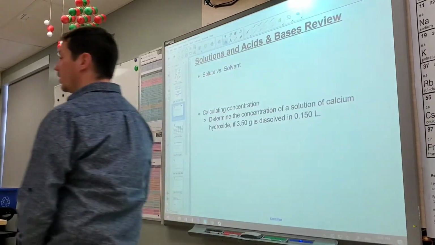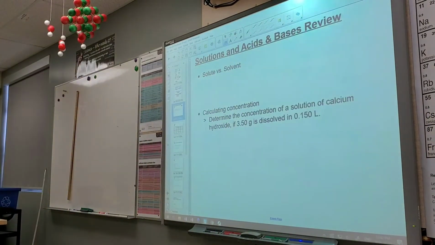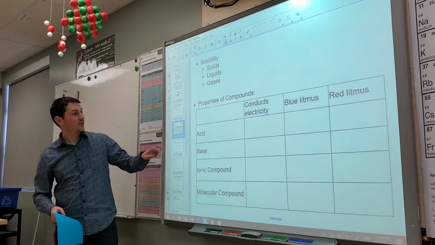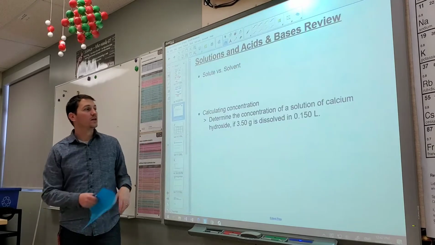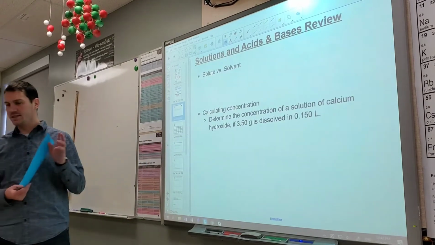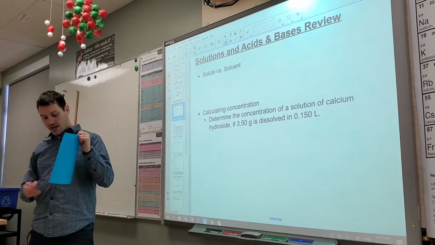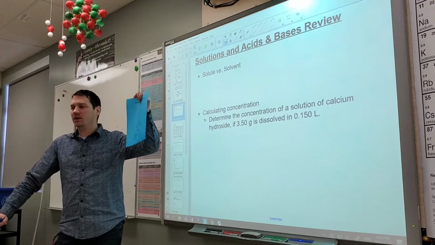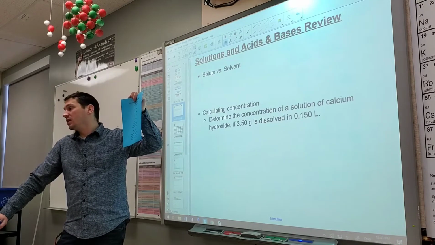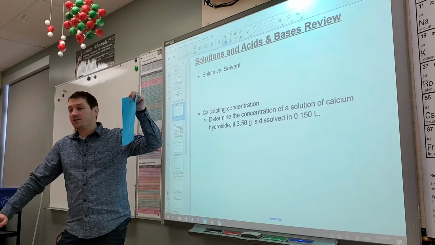On your blue sheet, I can't remember if we're talking about the percent or parts per million or anything like that. I don't think we are. No, we're not. Okay. Just as a heads up, if you look way down at the bottom of your blue sheet, it's got our solutions formulas. So CiVi equals CfVf.